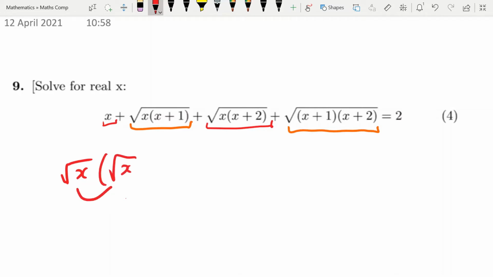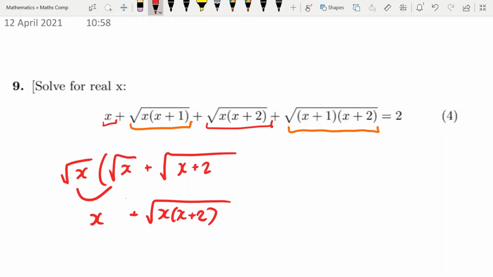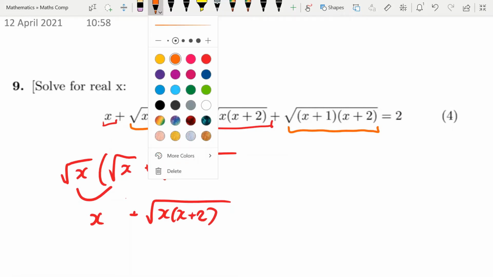So when you multiply these two together, you obviously get the x, which is here. So you get x, and then you've got another root x in there, so root x plus 2. If you multiply this out, you see you get x times x plus 2. And you can do the same stuff for the orange terms here. Let me just finish that line off.